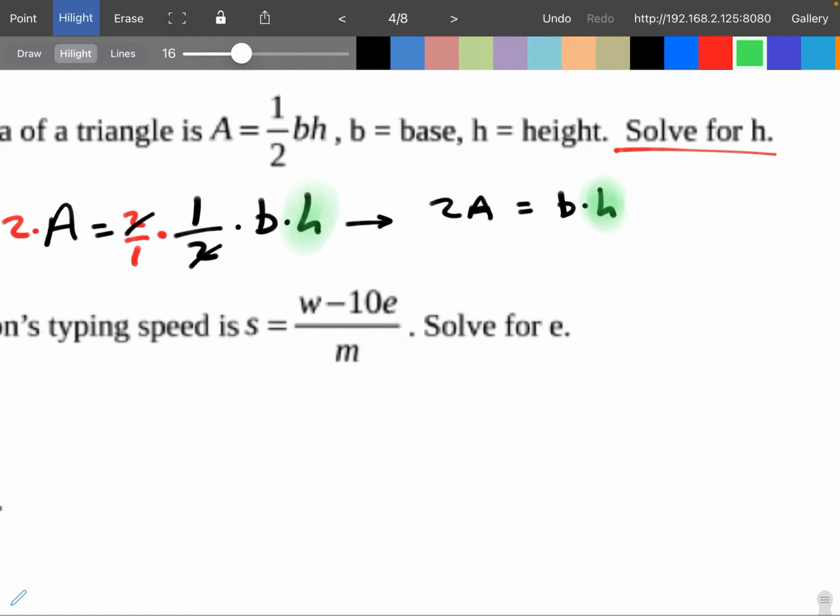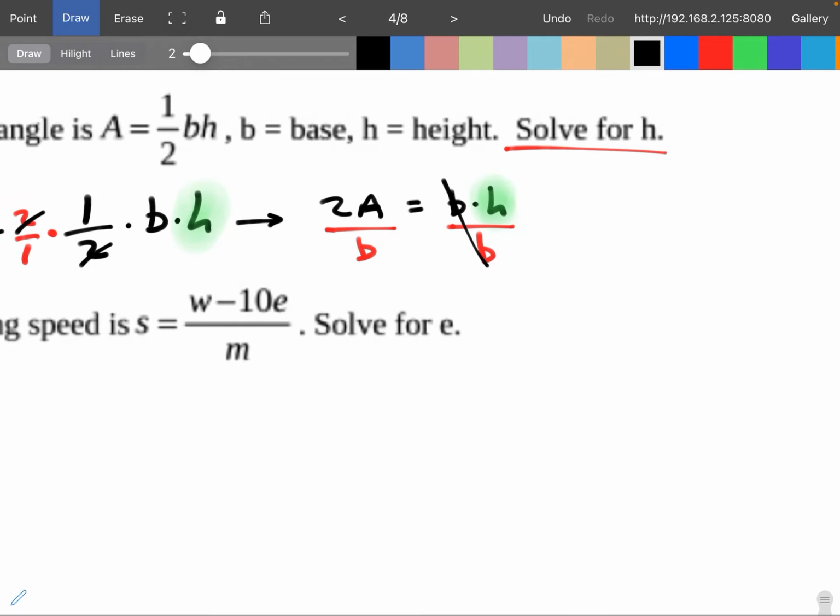Right now you're multiplying by b, so the opposite of multiplying h by b would be to divide by b. So we're going to divide both sides by b. Then you should see that these b's will cancel out. That's 1.